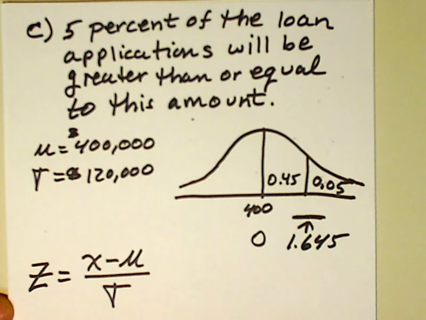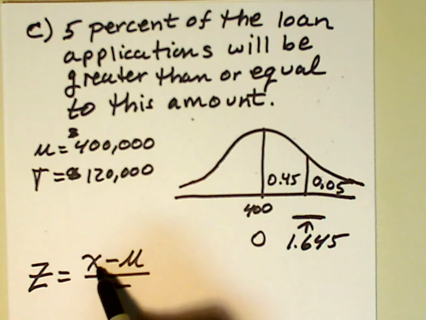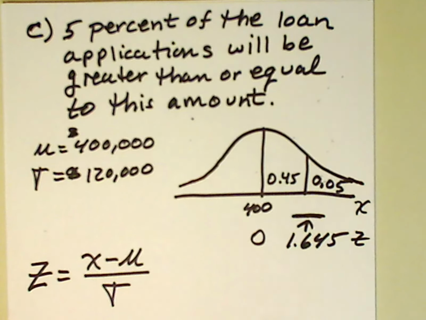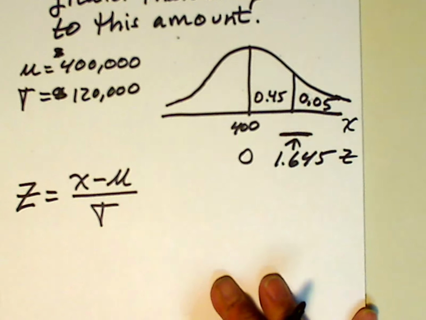Now, given that, we can calculate a value for x, which is missing. And let's do that now.